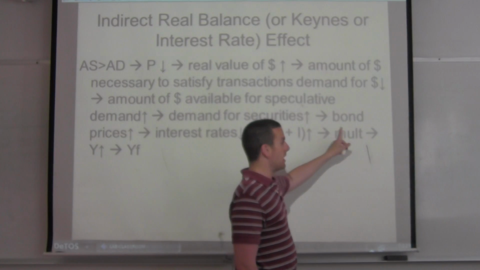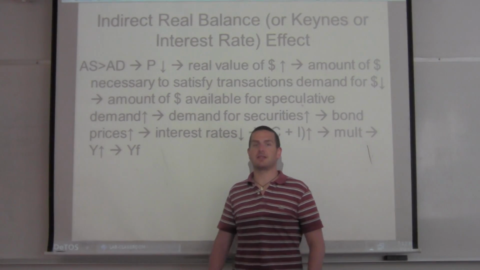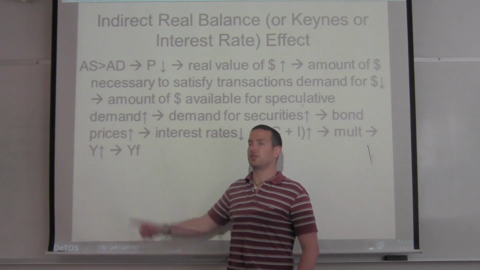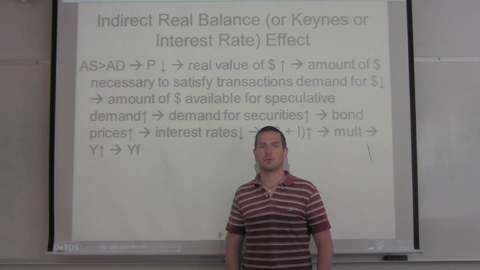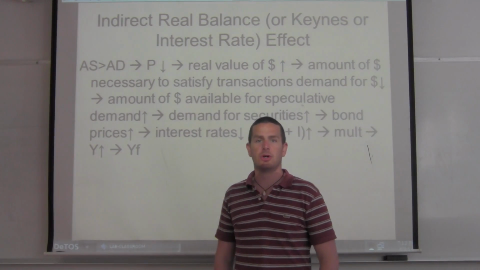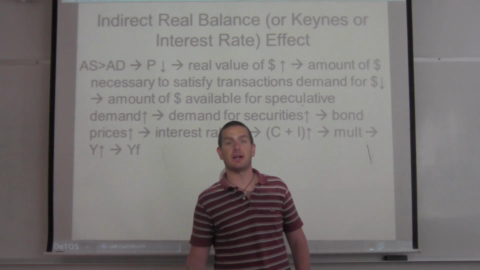Then you have the multiplier. Consumption and investment go up with the multiplier, which causes income to rise, and eventually you get to full employment. Okay? So, those were the two real balance effects. You have the direct real balance effect and you have the indirect real balance effect.